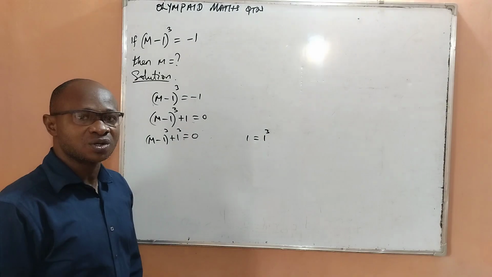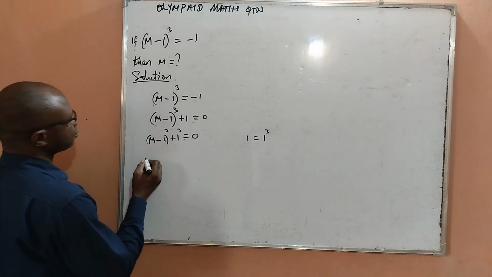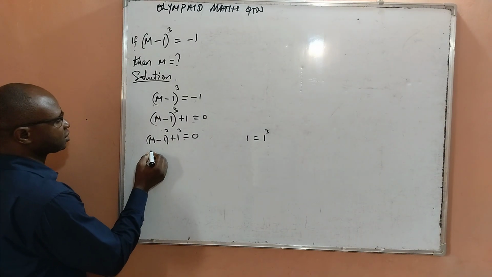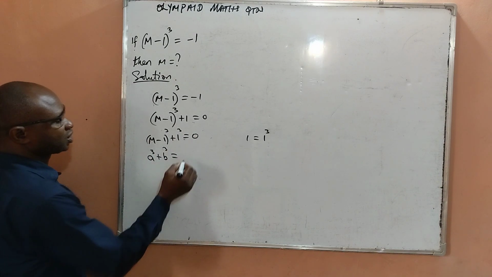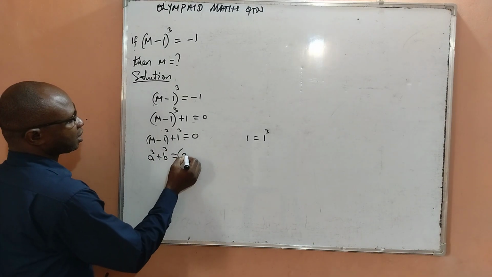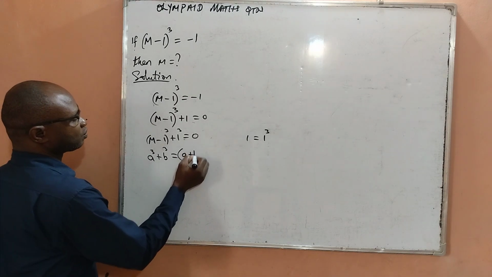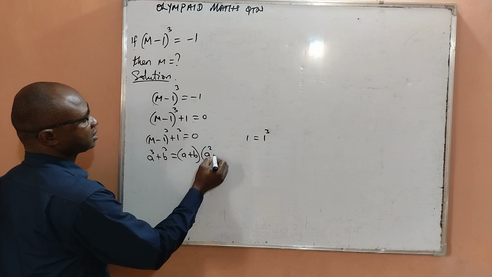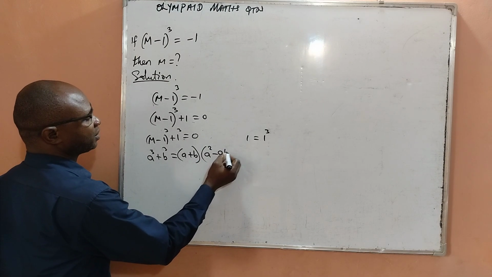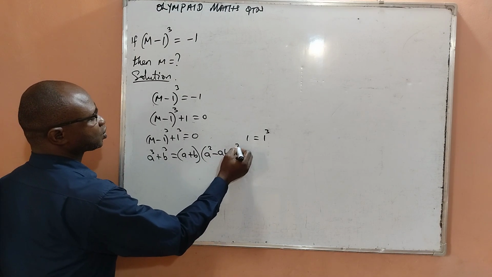Let us look at this sum of two cubes: a cubed plus b cubed is equal to a plus b into a squared minus ab plus b squared.